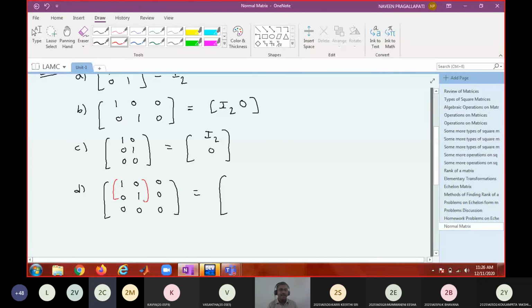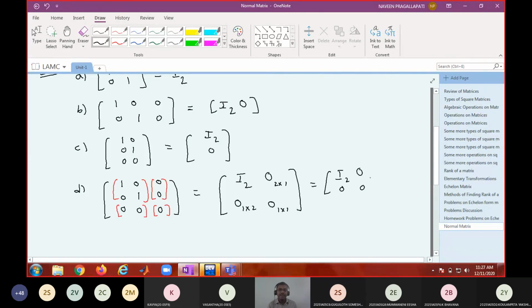This is one I_r submatrix, I2. This is one 0 submatrix. This is another submatrix, right? That means I2, a null matrix of order 2 by 1, another null matrix of order 1 by 2, and another matrix of order 1 by 1. Is that okay? So this is I2 0, 0 0. So these are all examples of normal matrices.